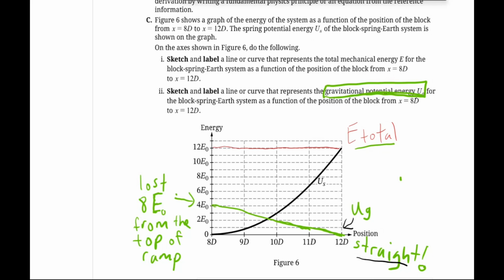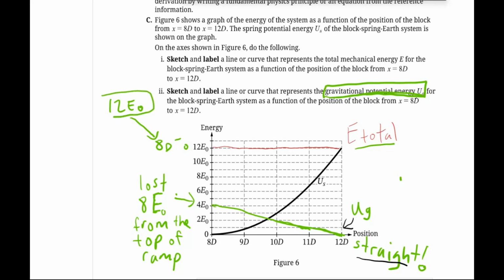So it's going to start from 4 E naught. I know that because it started with the full 12 E naught of energy, and if it slid down to the 8d position, then it would drop 8 units of energy.